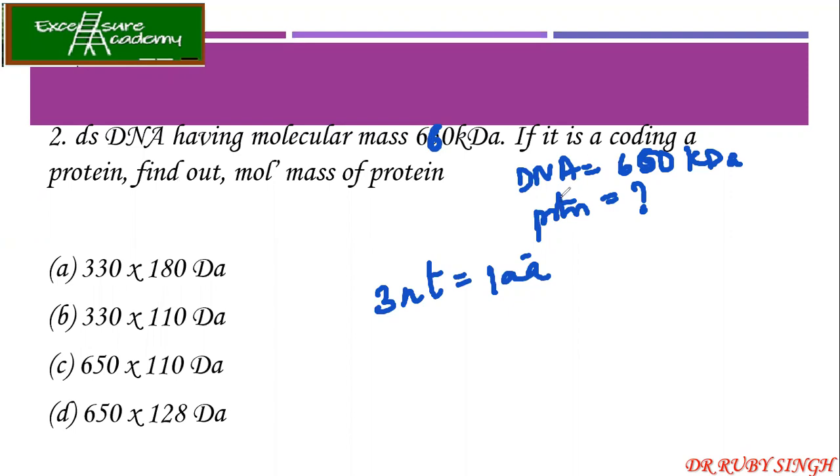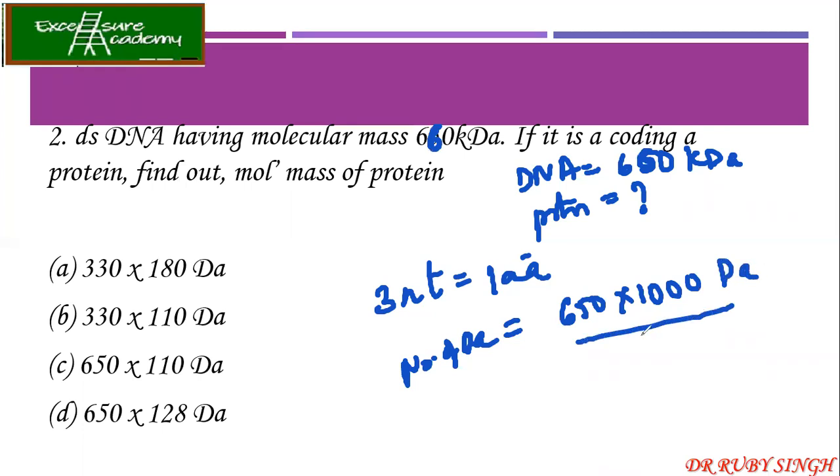Okay, and then? So the number of amino acids is equal to 660,000 Dalton, whatever the question is, divided by 3, right?